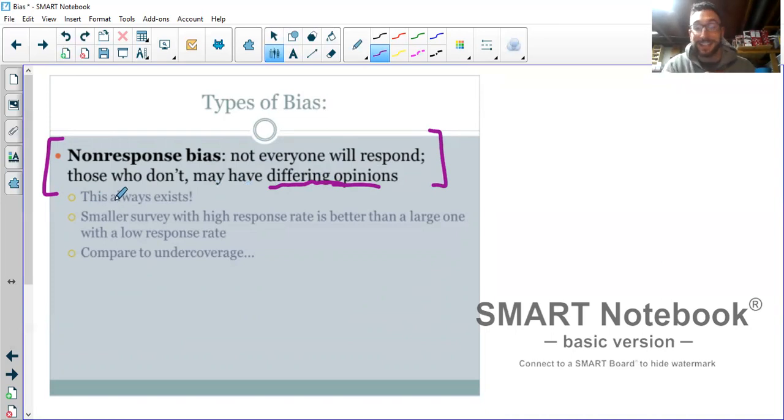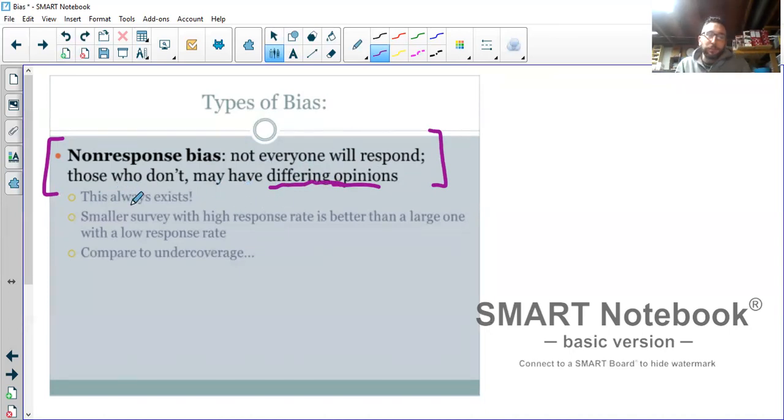Now, this is not the fault of the design. This is on the person. I hand you the survey, you throw it in the garbage, right? So undercoverage is I never even hand you a survey. Non-response bias is I hand you a survey, you have the opportunity to respond, you just choose not to. We've all done that. We've all hung up on the people when we get those robocalls.